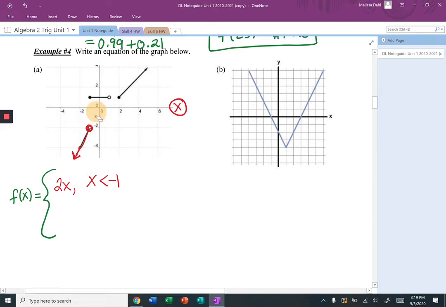Now I'm going to look at the second piece of this function. It's a horizontal line, and it appears to be crossing the y-axis at 1. So equations for lines like that would be listed as y equals 1. Remember, we already have our y equals in our f of x, so in the next section I'm just listing 1. And again, I need to analyze the boundaries.